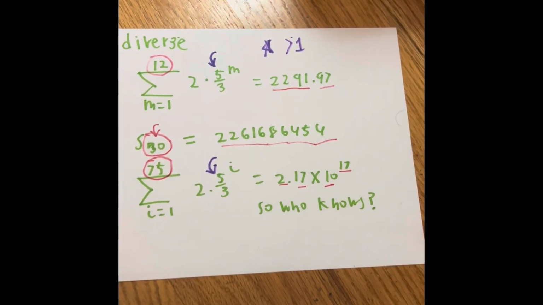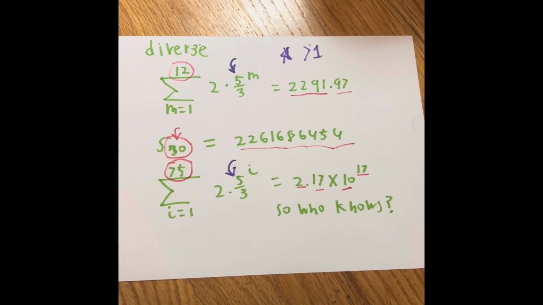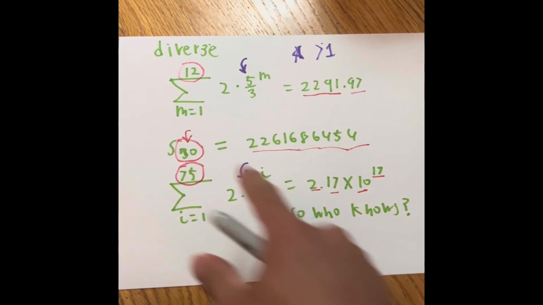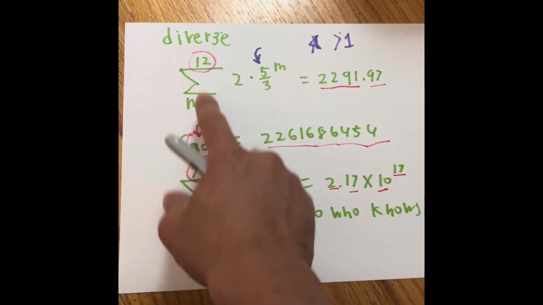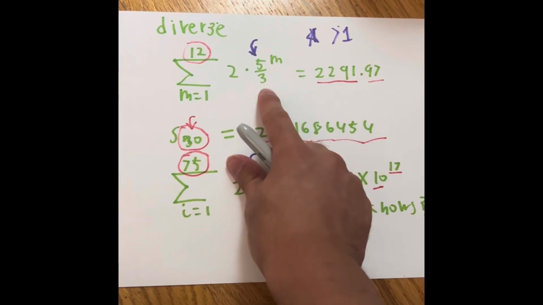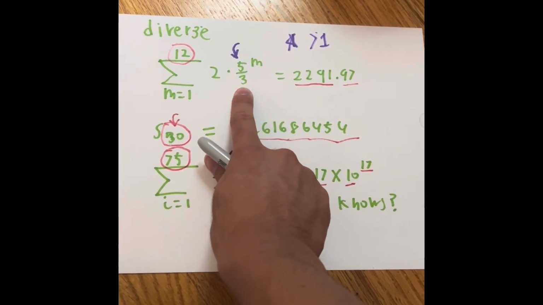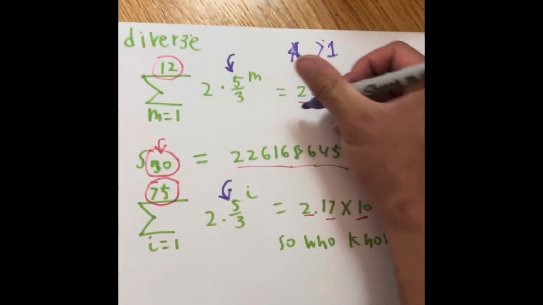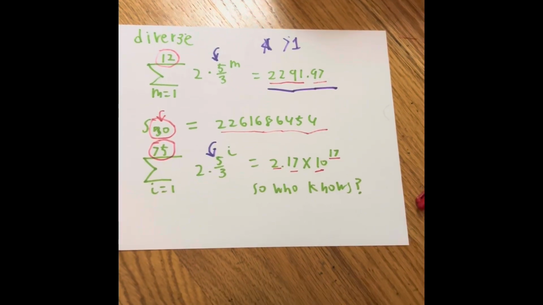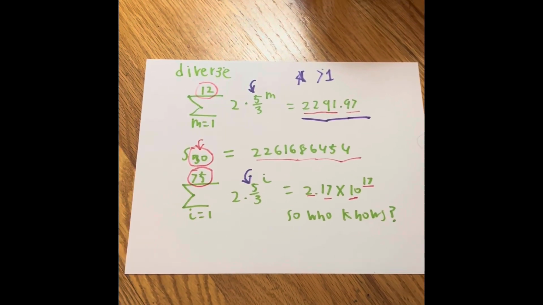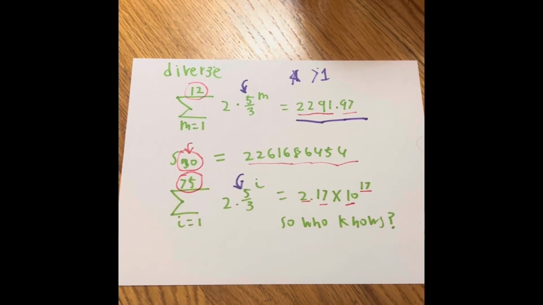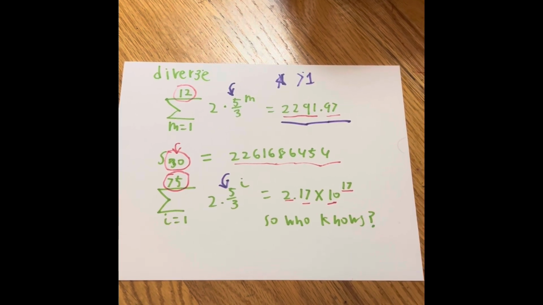So that means not only are you adding with the sigma notation, but you're creating a lot bigger gap to get a much bigger answer. So that logically explains why this is a diverging series.